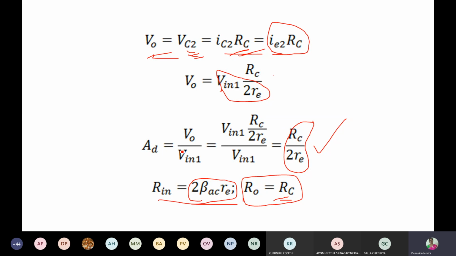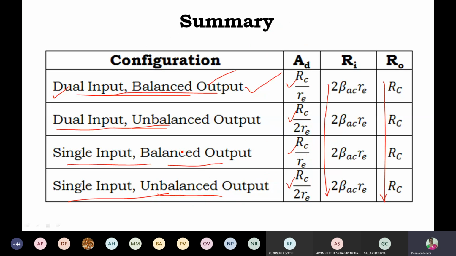So all these amplifiers putting together, we can give summary. From this summary, what we understand is, first thing, differential gain. There are four configurations of amplifiers. Out of four configurations, if the output is a balanced output, that means if we take output at a double end, then we get gain as RC by RE.